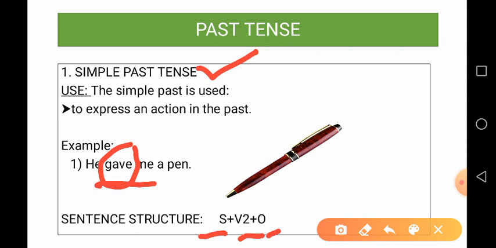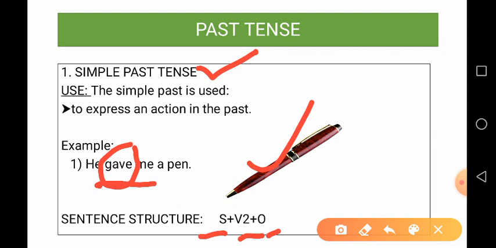The first form of gave is, do you know? Yes, give. Second, gave, and third, given. Here in the simple past tense, we take second form of the verb. So, the example is, he gave me a pen.